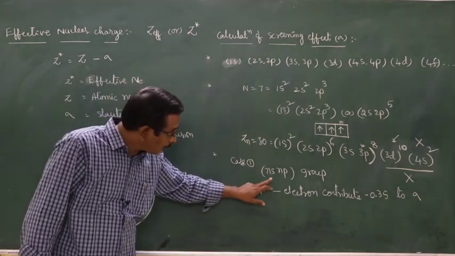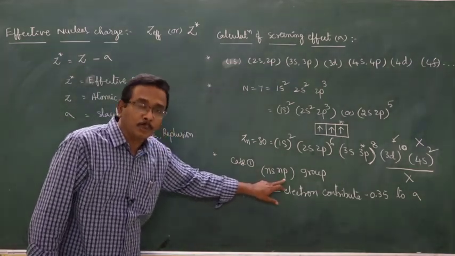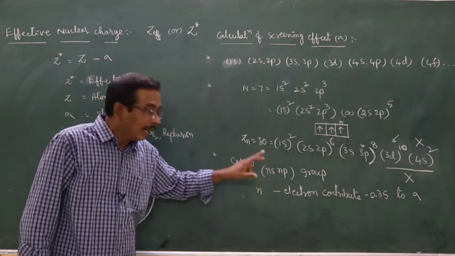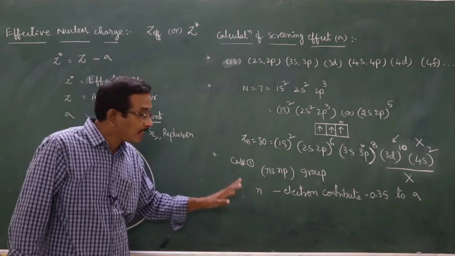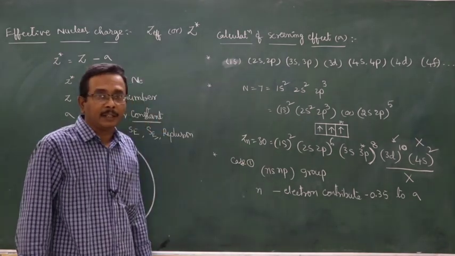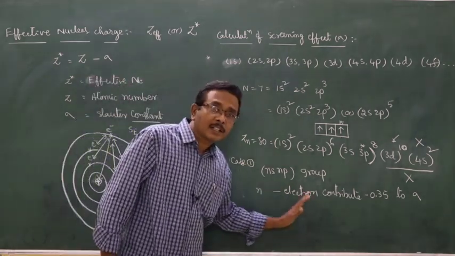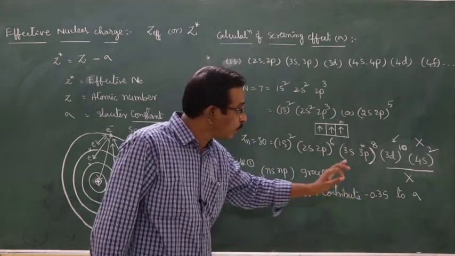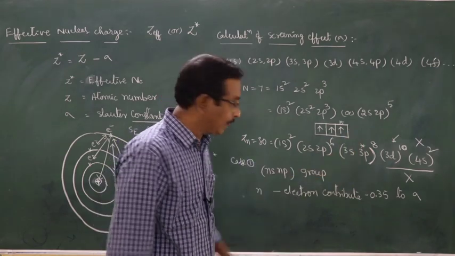If the electron is present in the ns-np group, in such cases, except the electron to which the effective nuclear charge is calculated, all the remaining electrons contribute 0.35 each towards the Slater constant.